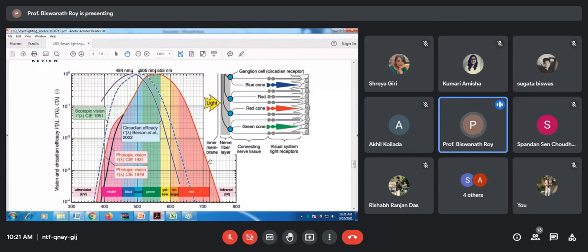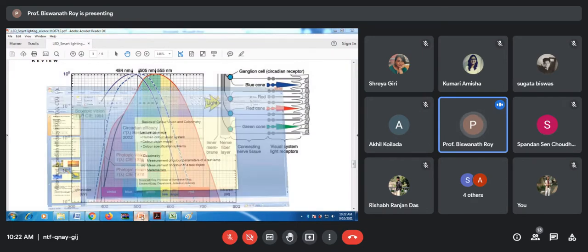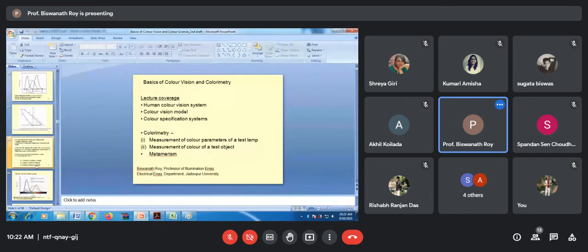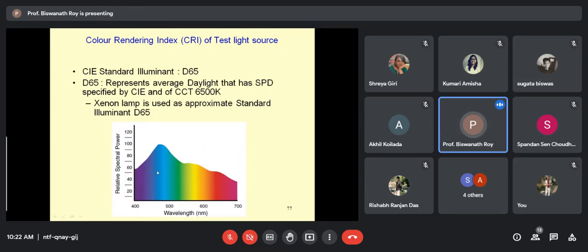What is the other extreme end? If we want to have a light source with very good quality of color rendering capability, then that light source must emit optical power at all the wavelengths starting from 380 nanometer to 780 nanometer, which is very close to this type of optical spectral power distribution.